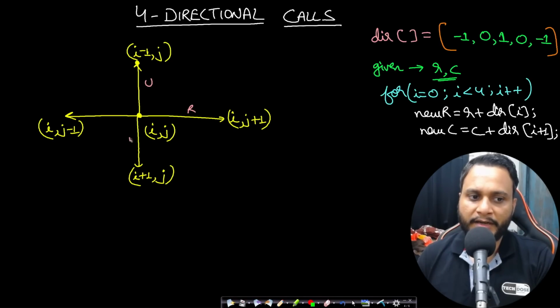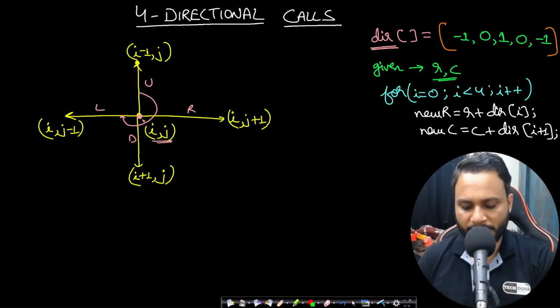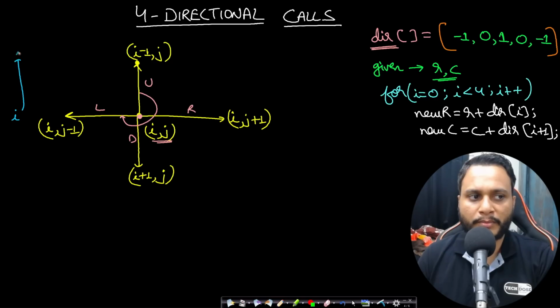And once the indices are valid, then we need to try out all the 4 calls. That means up, right, down and left. So if I try to make calls in this order, then we can simply define a direction array, because if you just do the DFS call, then you have to write the same thing 4 times. It is not recommended. You can make a direction array. Now in this case, if you are at an index i comma j, and if you want to move up, then from row number i, you are moving up to a row number i minus 1.